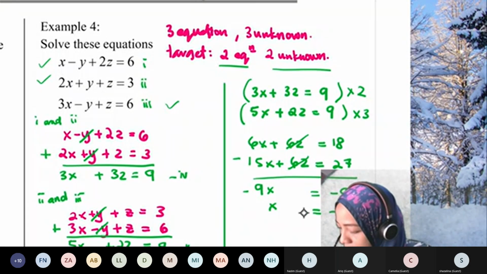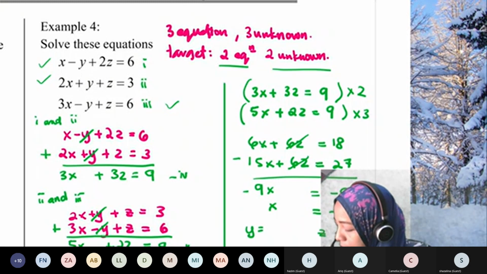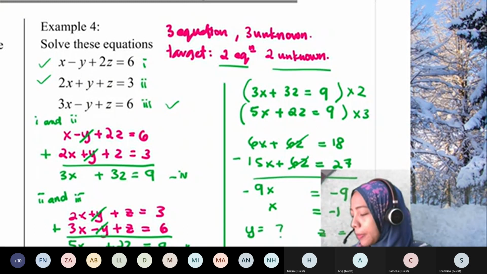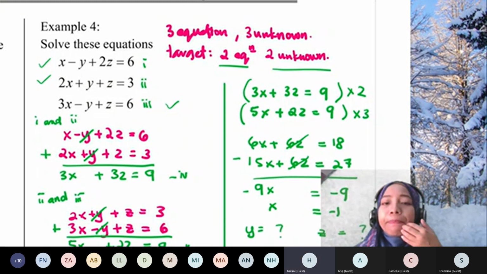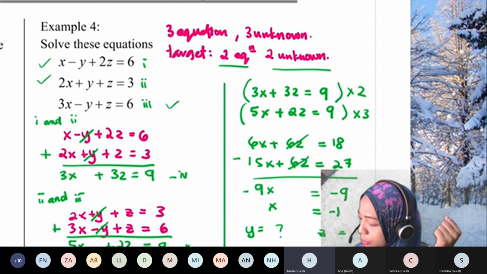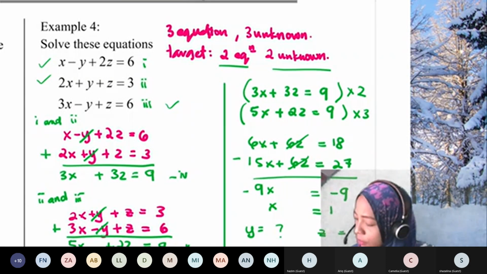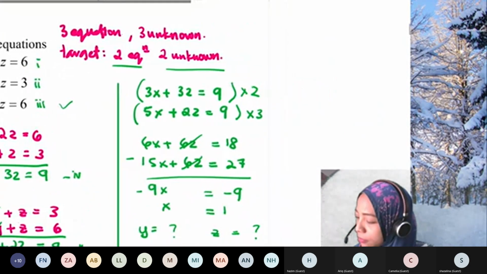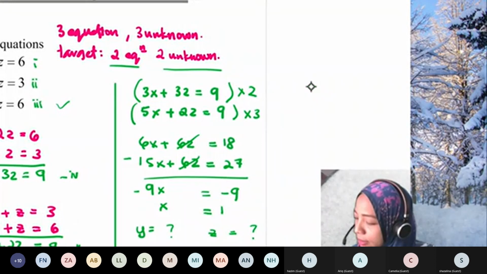And then, if x equals negative 1, what is y, what is z, tell me. Madam, isn't x equal to 1? Oh yes, 1, because negative divided by negative is positive. Okay, so if x equals 1, we substitute back into any of the equations above to find z. So 3x.